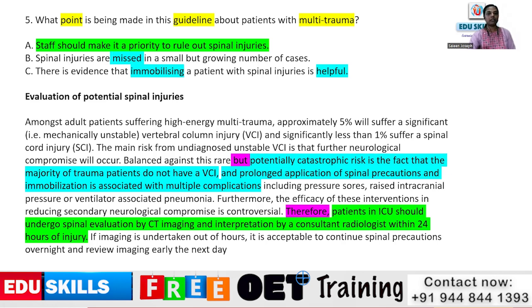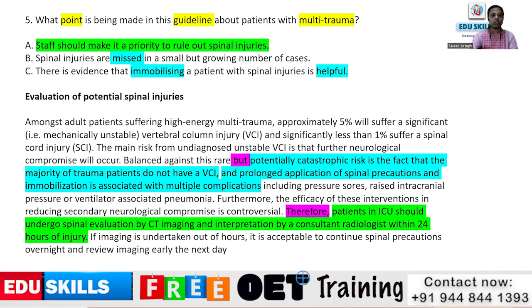Okay, and the other option B, spinal injuries are missed in a small but growing number of cases. They're not talking about anything like that. It is missed or something. Okay. So option C is there is evidence that immobilizing a patient with spinal injuries is helpful.